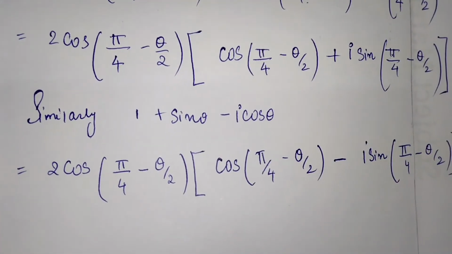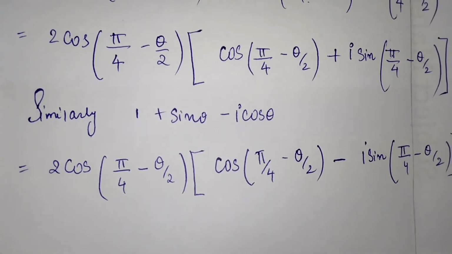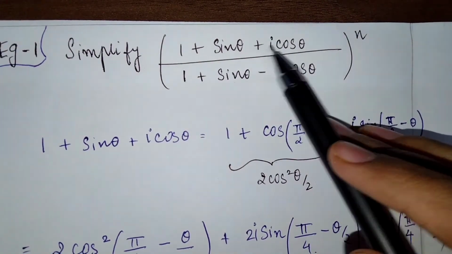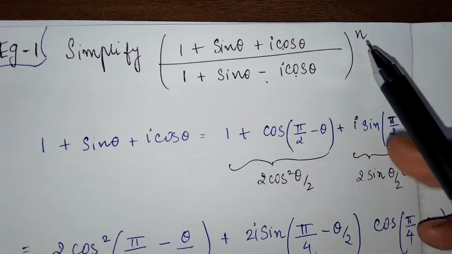Now what is given in the question? You have to divide both the terms. So we put the result of the first term here and the result of the second term here, and the whole raised to n.